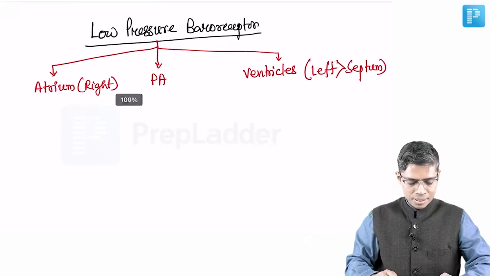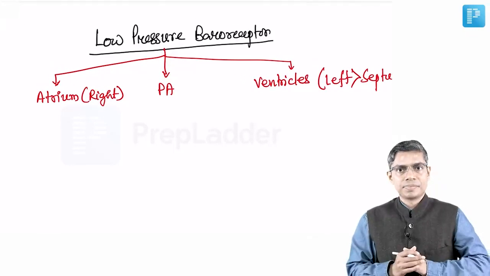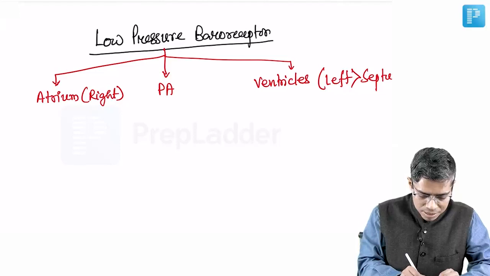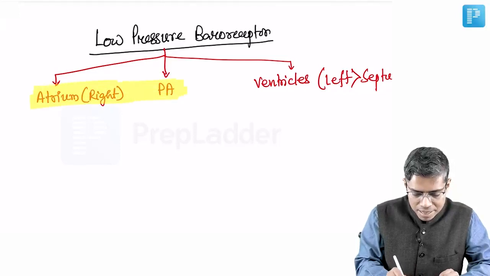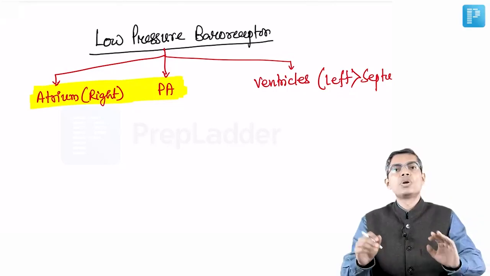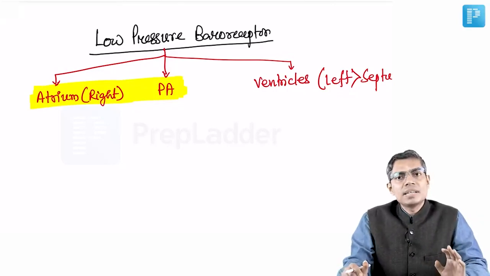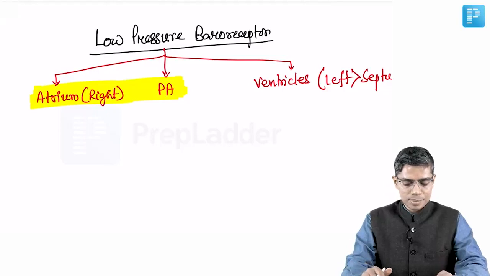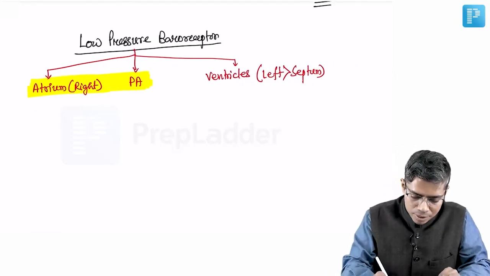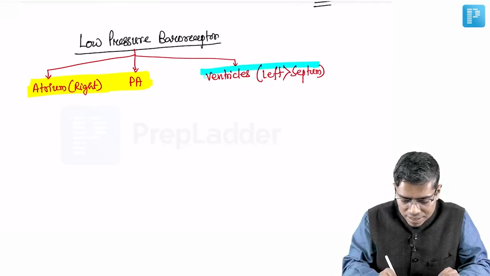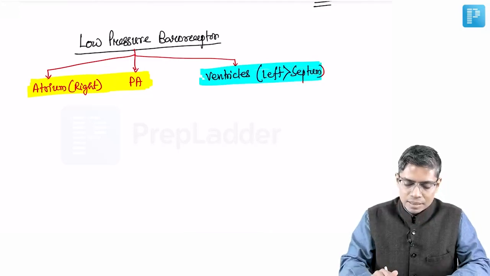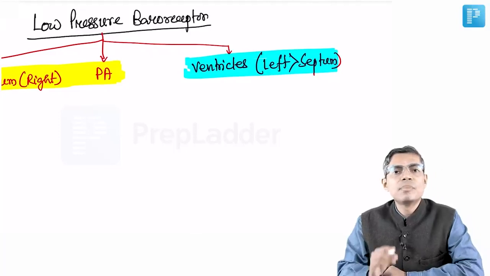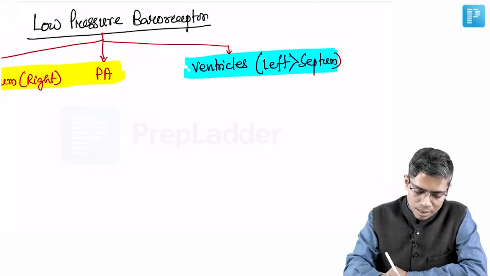Now the receptor which are located at the level of this right atrium and pulmonary artery, they are typically known as low pressure baroreceptor, whereas the receptor which are located at the level of ventricle, mainly the left ventricle and the septum of the left ventricle, they are basically chemoreceptor rather than baroreceptor.